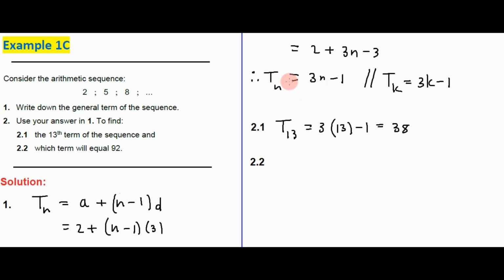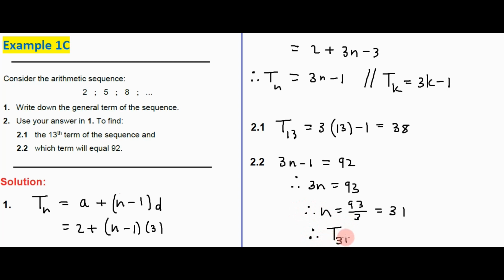Once again, we just make t sub n equal to 92 in the equation for the general term. So 3n minus 1 must equal 92. We solve for n, and we find that n is 93 divided by 3, which is 31. In other words, the 31st term will equal 92.